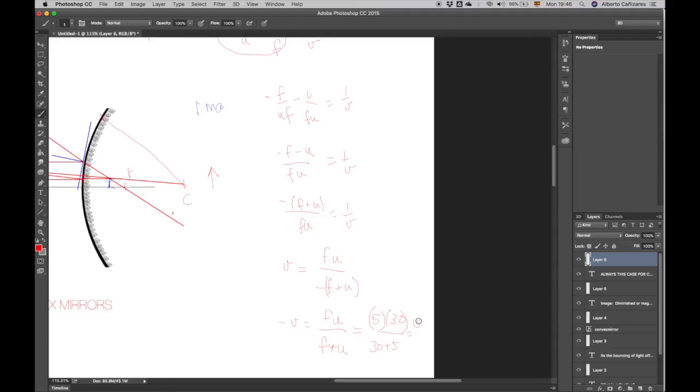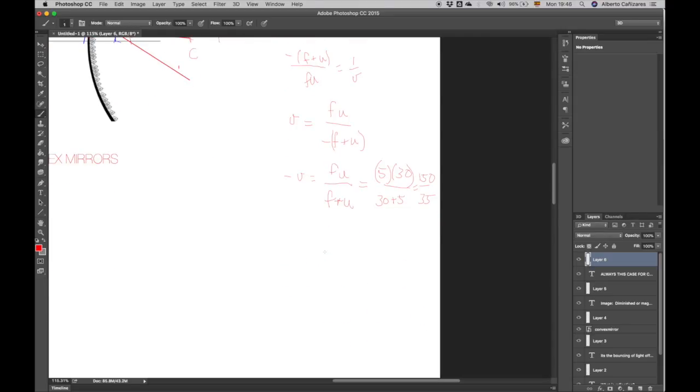So it's 150 divided by 35. All right? So V will be minus 150 divided by 35 centimeters from the mirror.